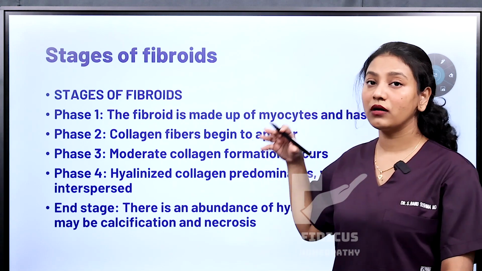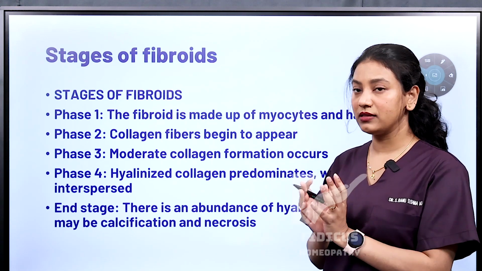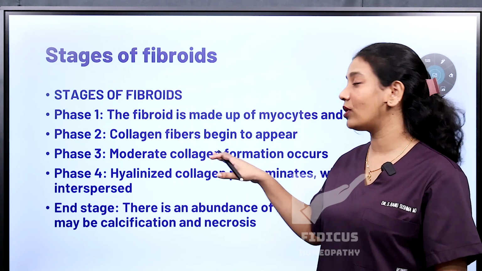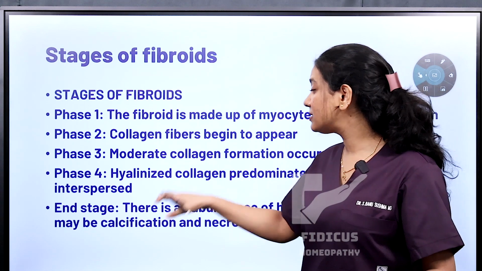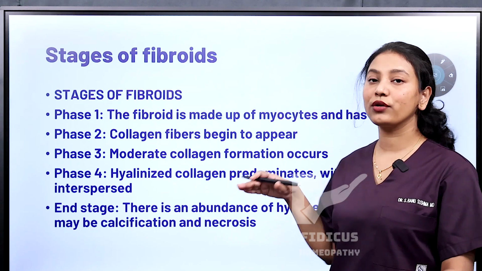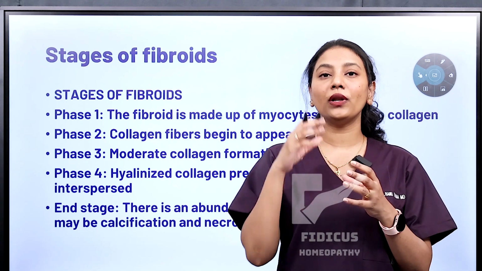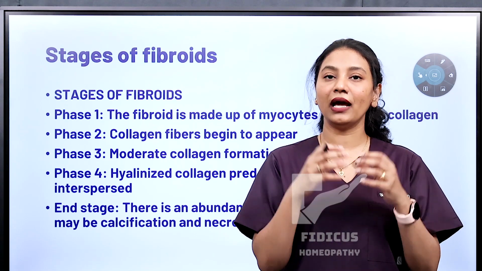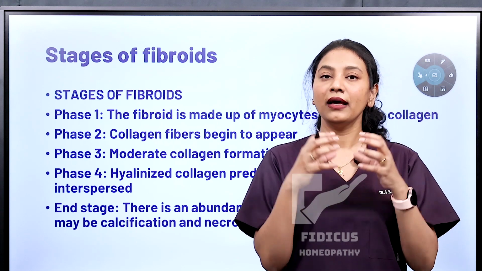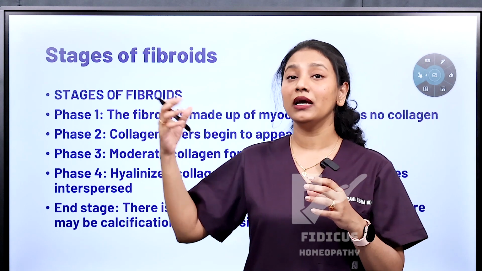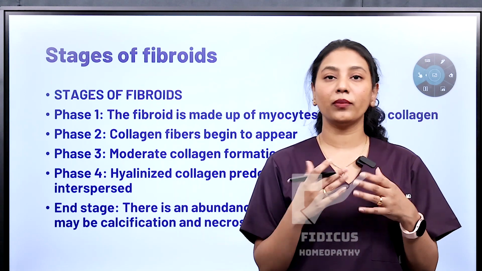If it further goes or the size increases, then that will cause hyalinization of the collagen, or hyalinized collagen will be present. And this hyalinized collagen in the end stage can cause necrosis of the fibroid or sudden collapse, where it will outgrow its own blood supply and it will collapse or become necrosed. And this necrosis can cause infection which can eventually lead to hysterectomy if not given proper medication.